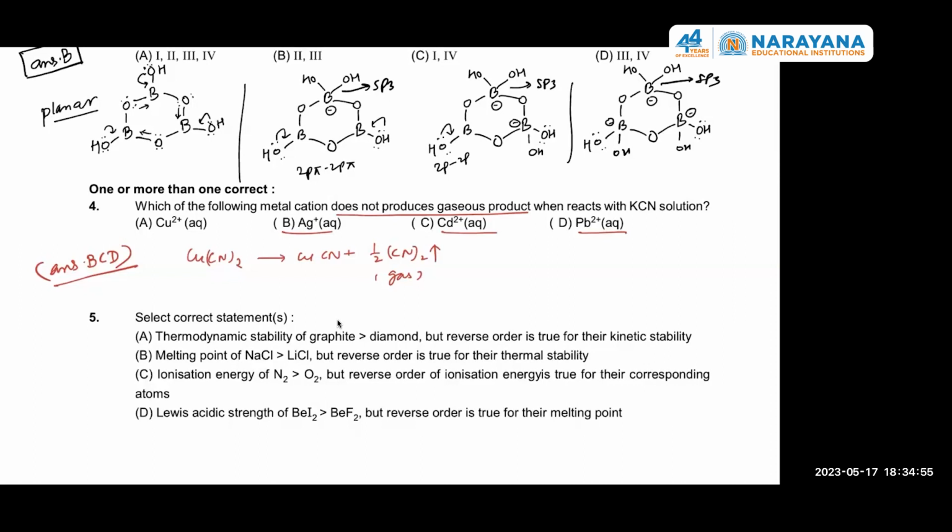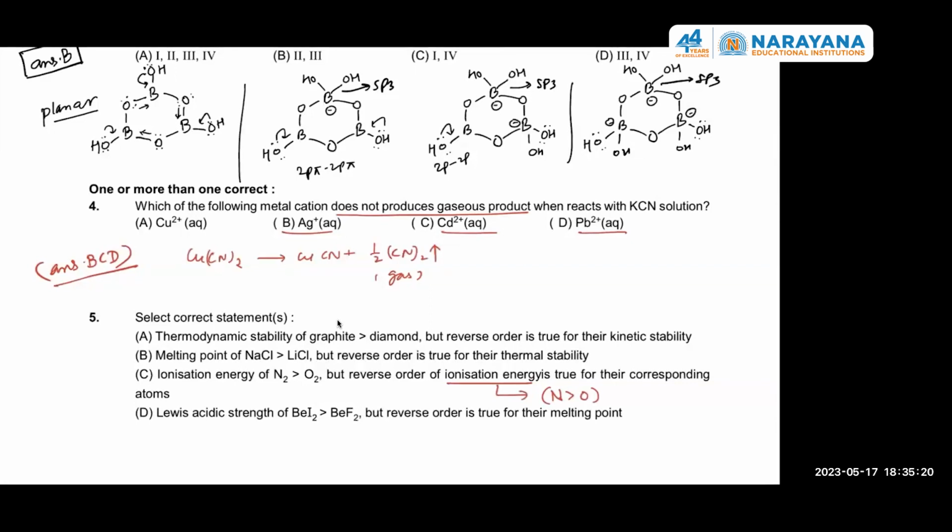Oxygen has more ionization energy than nitrogen atom. This is wrong. Ionization energy will be more for nitrogen because of its stable electronic configuration. So the reverse is wrong. Therefore, C is not the answer.